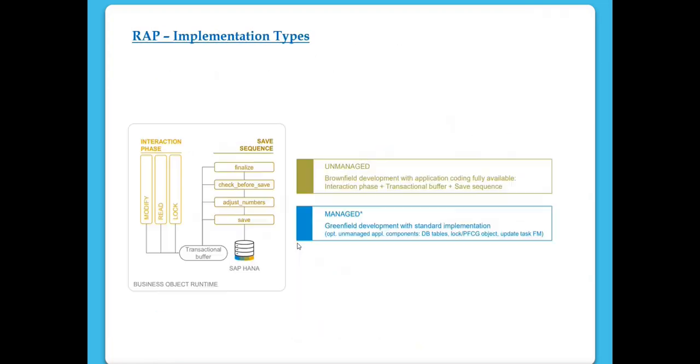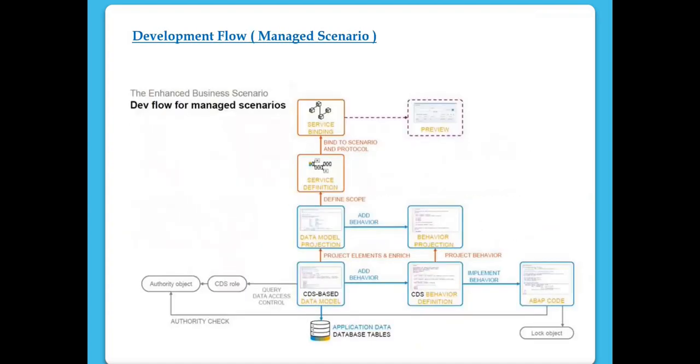So if I just go one step ahead, over here in this architecture, as you can see, I can have database tables which will be consumed in CDS views and which will have a projection. But now, as you can see, the behavior definition that we are going to implement, to add a behavior, will be done on this data model. So this data model will be nothing but your R view, which is something that we are enriching with the transactional processing capability.